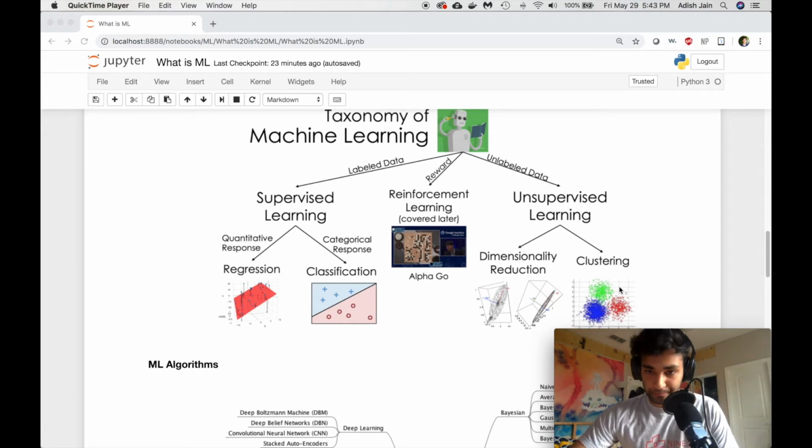And so supervised learning, labeled data; unsupervised learning, unlabeled data. Pretty simple so far. And then there's this third beast called reinforcement learning. And we won't talk about that much.